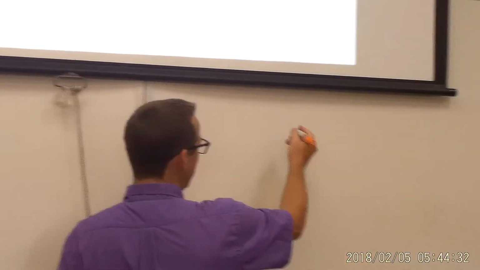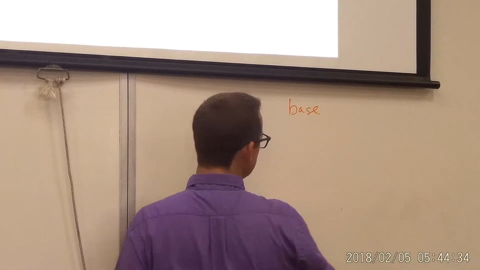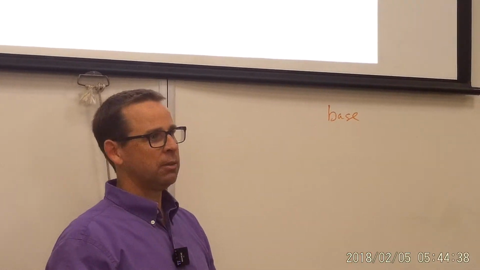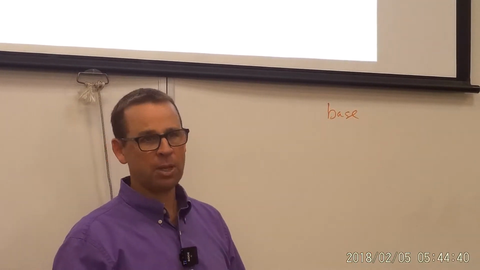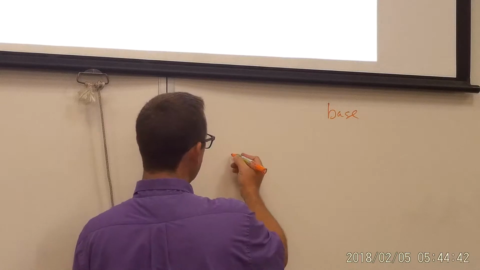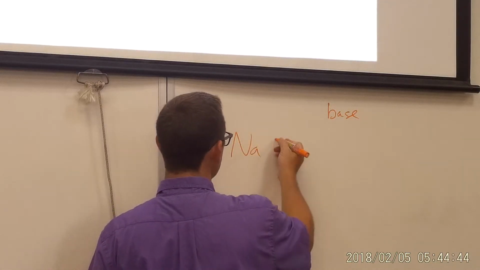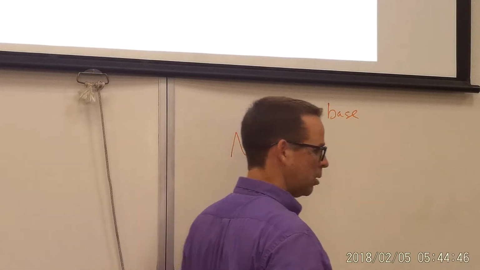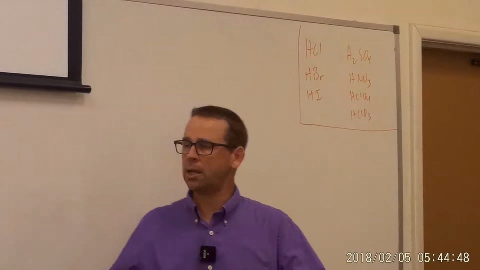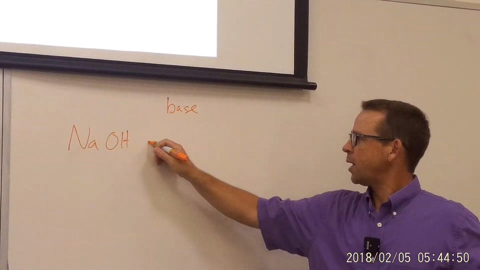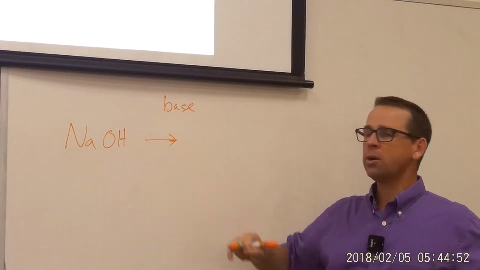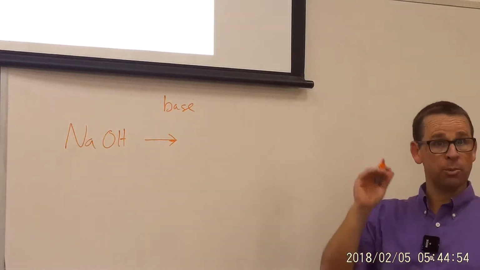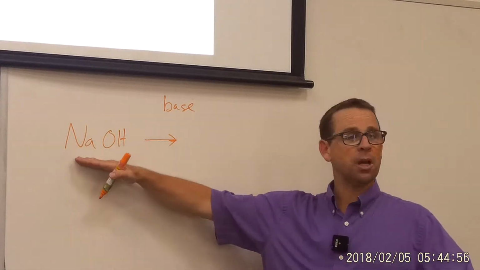Now, the definition of a base is a little less specific because there are two ways in which you can have a chemical behave as a base. One is where you have a metal like sodium and the polyatomic ion, hydroxide ion. That compound, when it's placed into water, is soluble. How do I know that this compound is going to be soluble?